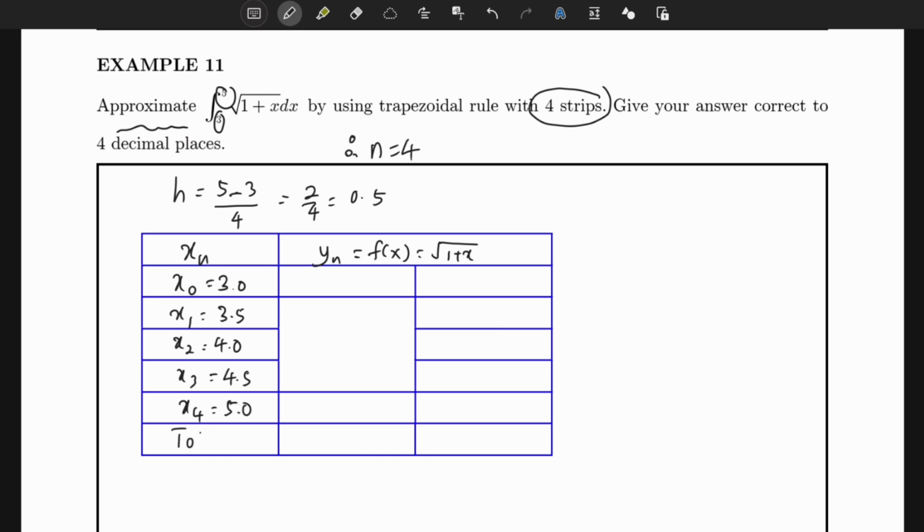The last row again will be the total. So press your calculator. How do you use the calculator? We have shown you during the first video.